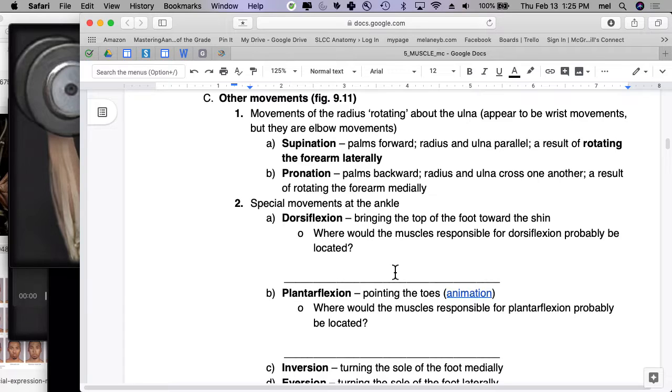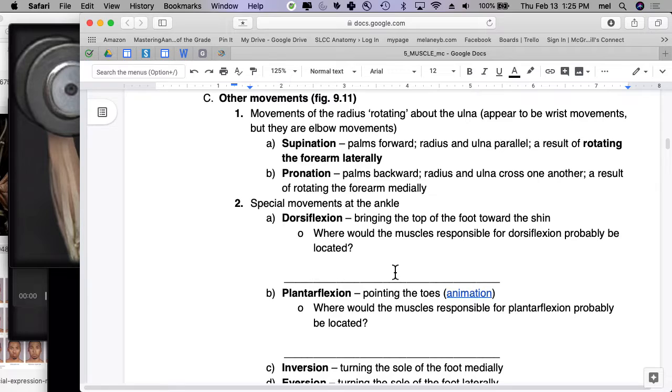Do it on your own foot so you can feel it. Where is the muscle going to be that's responsible for eversion? Lateral surface of the ankle, exactly. And where's the muscle responsible for inversion? Medial, yes. You got the logic there?